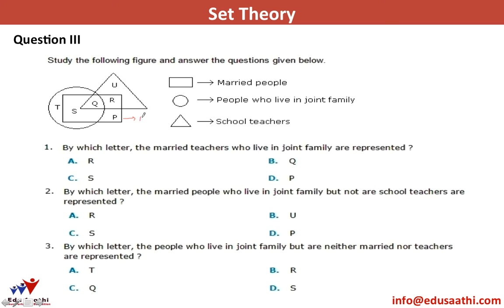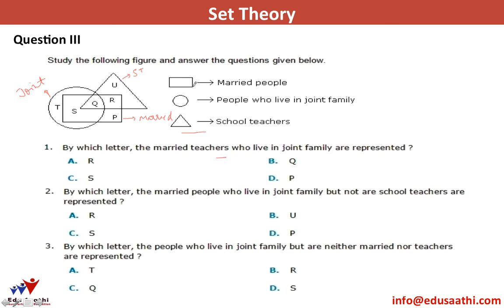This represents married people. The circle represents people who live in a joint family. So I write joint here. And this triangle represents school teachers. So ST. By which letter the married teachers who live in a joint family are represented?